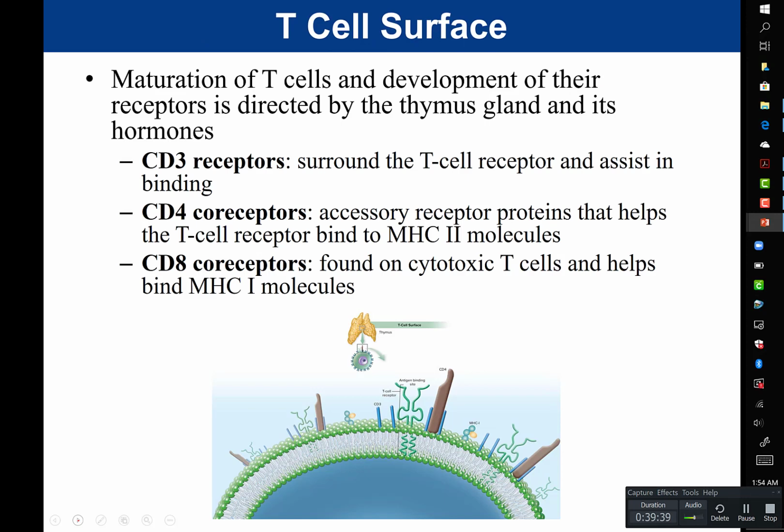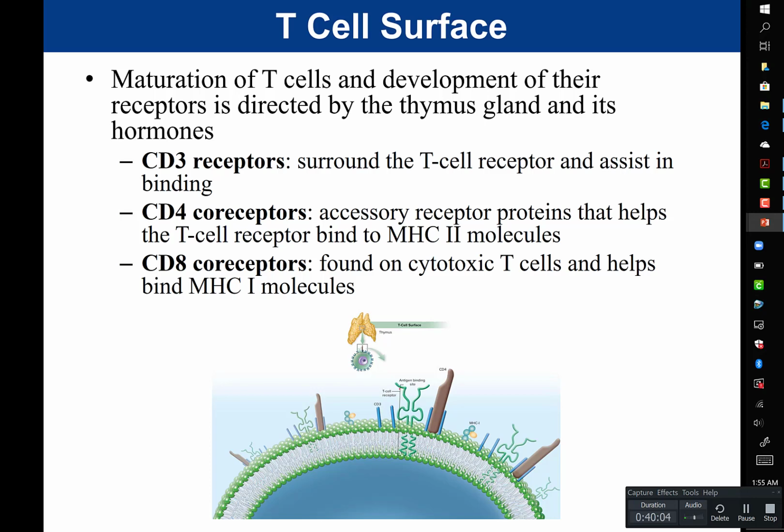So for our T cell, maturation of T cells and development of the receptors is directed by the thymus gland and its hormones. And so again, if we look at the surface of a T cell, it's going to have its T cell receptor. So that's this little green one here.